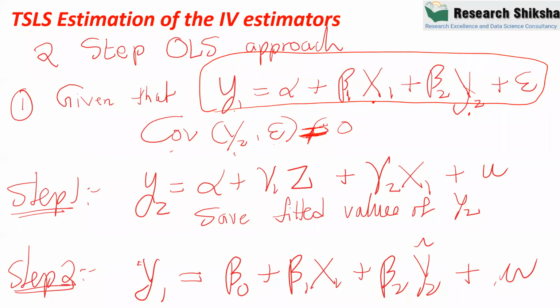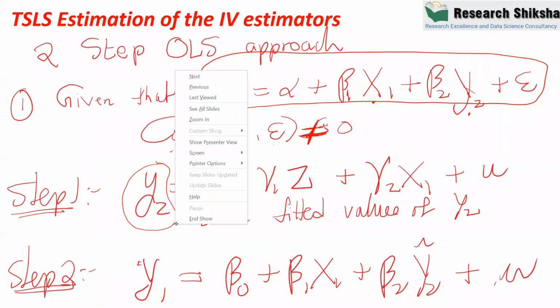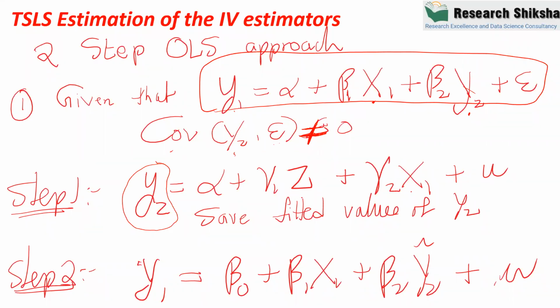And how do we remove it with the second stage least square? I said that it is a two-step method. In step number one, we apply the regression model where y2, my endogenous variable, is regressed on Z and X. On the basis of my first equation, I will predict the value of y2, and this predicted value is known as y hat 2.